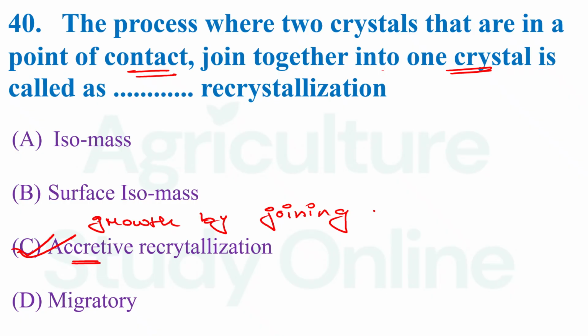It occurs when the crystals fuse at contact points, common in the crystallization process. Isomass, surface isomass, and migratory, these are not the correct terms. Accretive recrystallization is the correct term, means crystals coalesce and join together, leading to large crystal formation. Correct option is C.